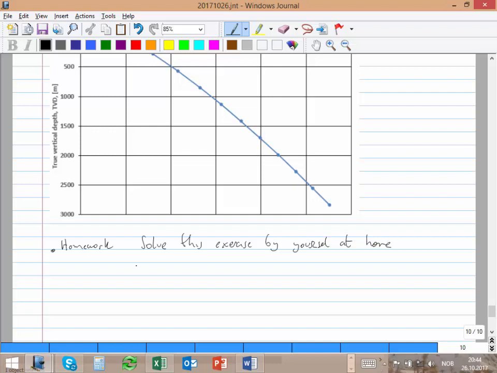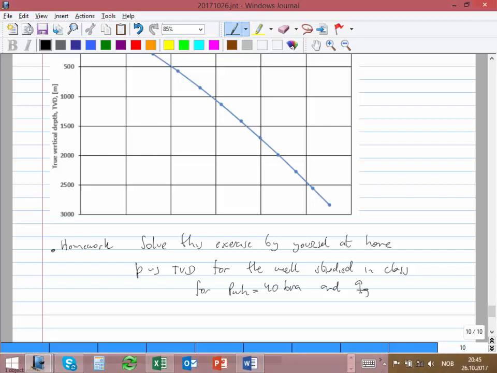Okay, and the exercise is basically find P versus TBD for the well studied in class. Okay, for PWH equal to 40 bar and Q of the gas equal to 2.85 e to the 6 standard cubic meter per day.